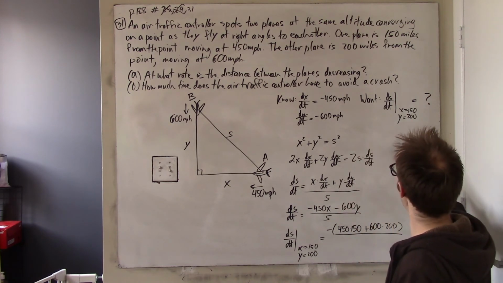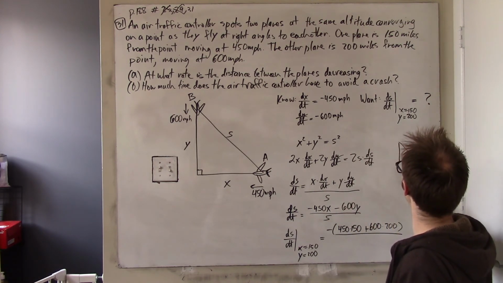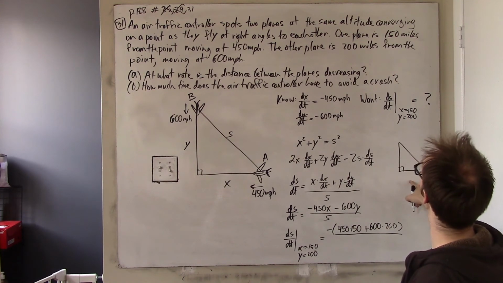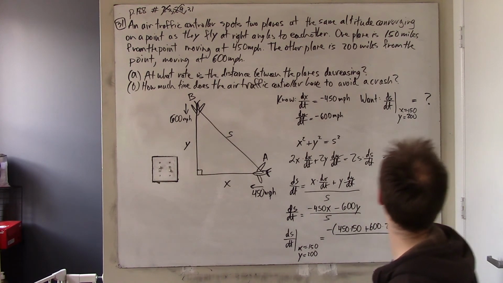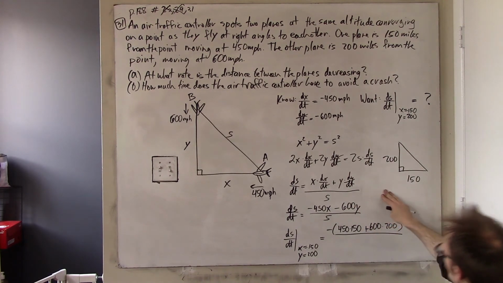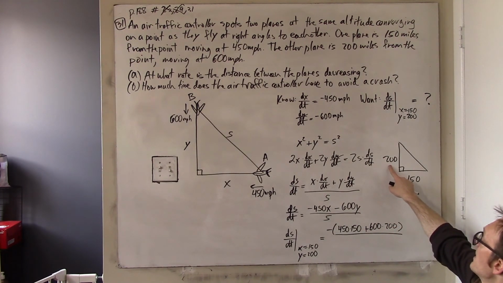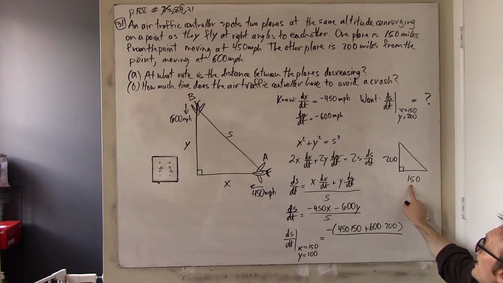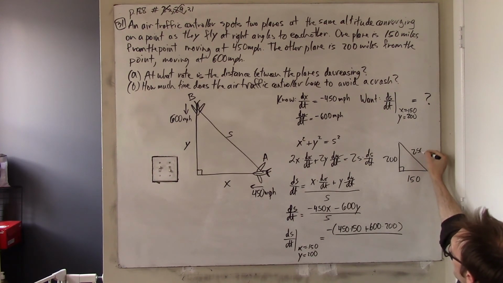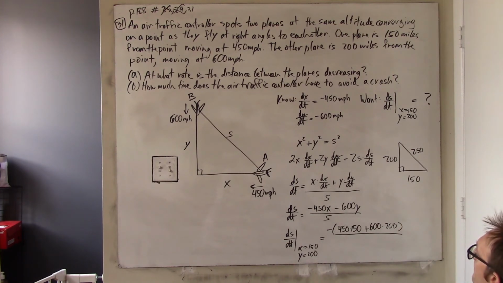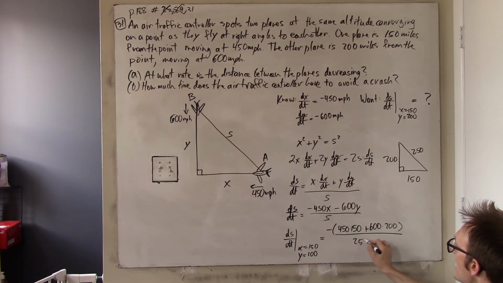We can make a little side picture here, right? I have to just do the Pythagorean theorem. When x is 150 and y is 200, if I'm going to do this in my head, this might as well be 15, 20. This might as well just be 3, 4. So this is going to be 250. In other words, this is just a 3, 4, 5 triangle. So this is going to be 250 down here.